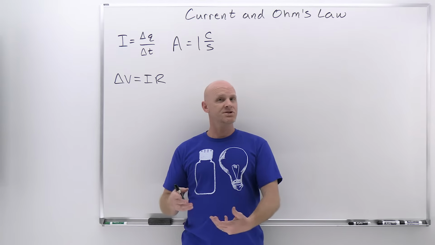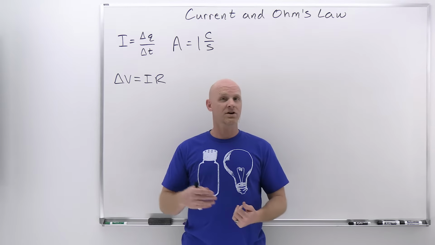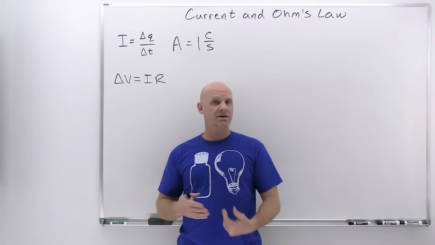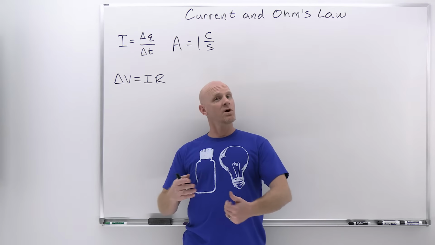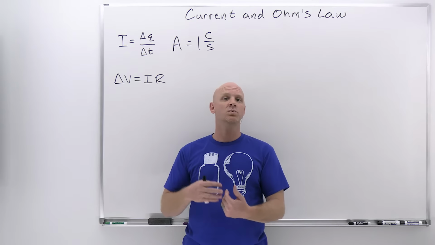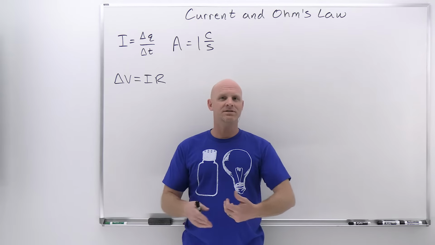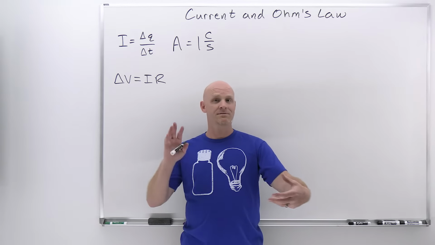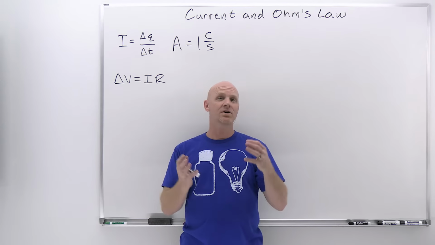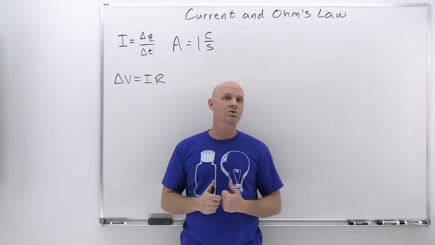Now, in certain solutions, you might get the flow of ions, and it could be both positive and negative ions flowing, so it's not completely wrong to say that we could have the flow of positive charges in one sense, but in a conducting material, the protons are confined to the nucleus. It is the loosely held electrons that are actually flowing through the wire.